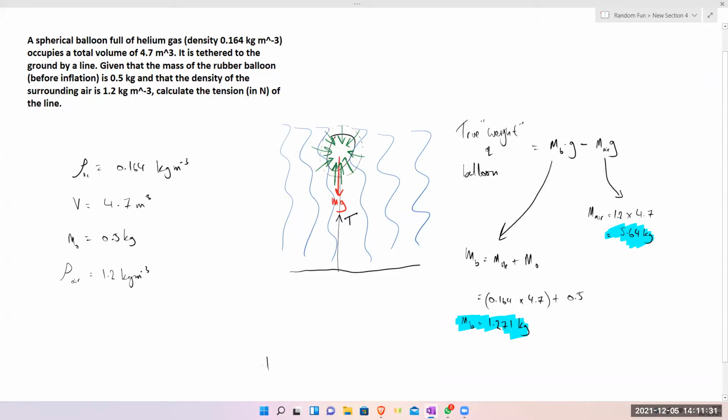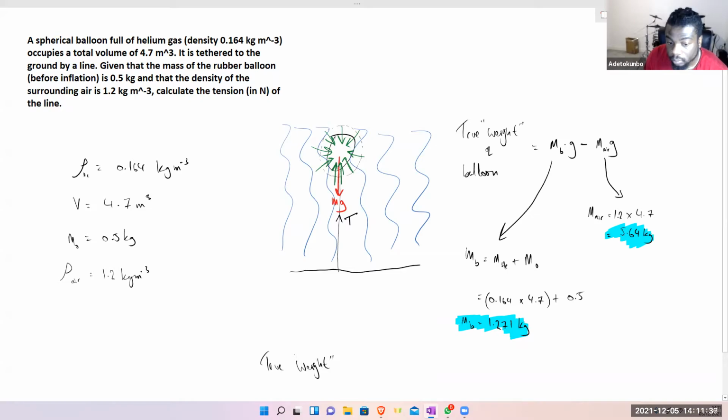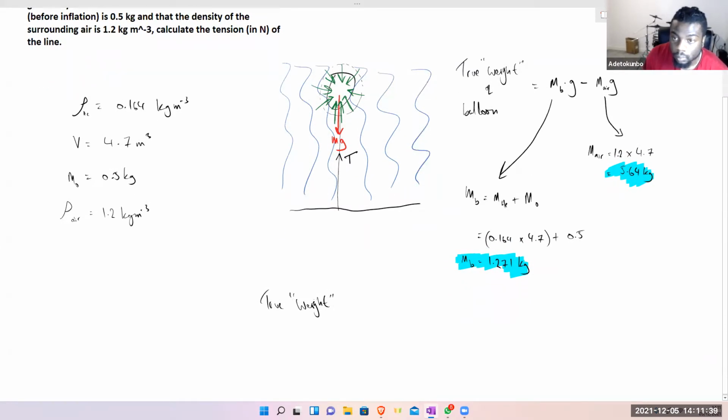So the true weight of balloon equals 1.271 g, take away 5.64 g. So if g equals 9.81, could you please calculate what the resultant force is?